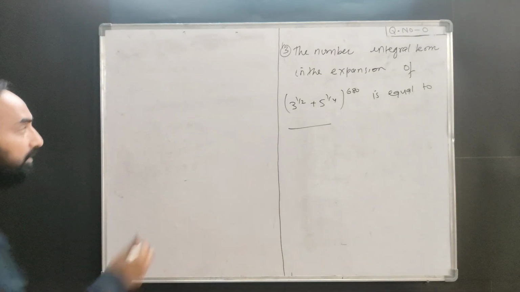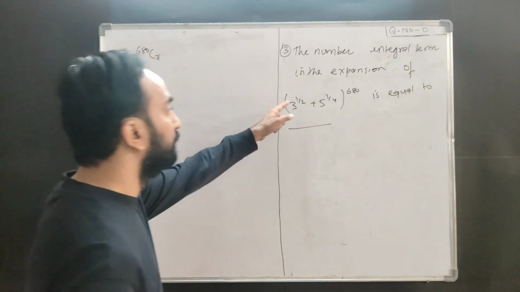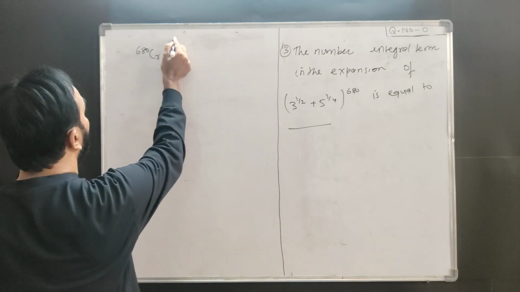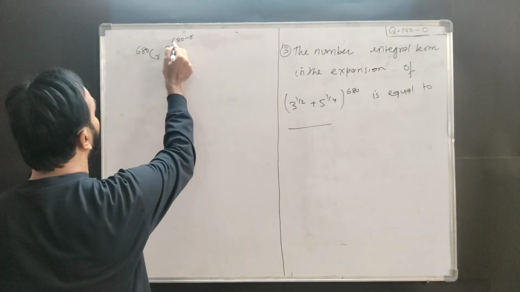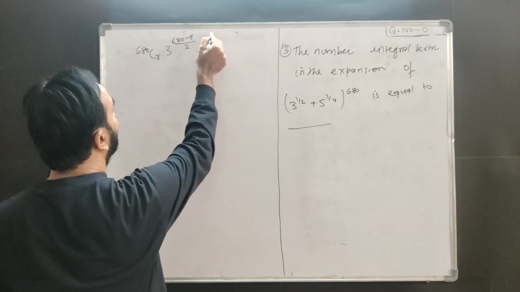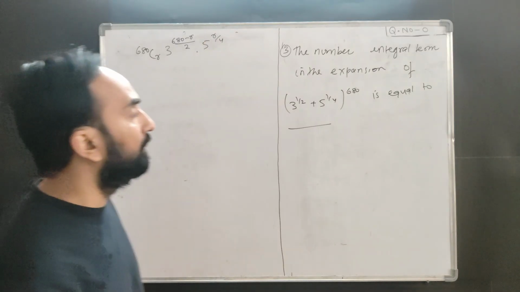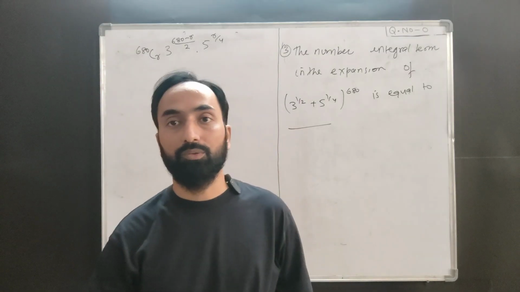How to write the general term here? Simply write 680Cr, and this will become 3 to the power of (680 minus r) divided by 2, and 5 to the power r by 4. Now again we try to find the integral terms.